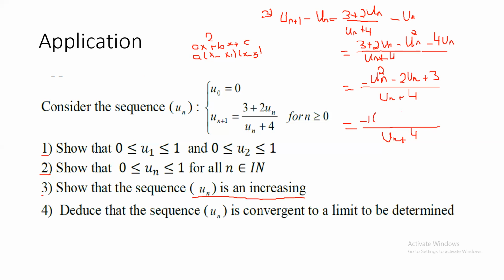What are the roots of this expression? If we solve minus x squared minus 2x plus 3 equal to 0, we get x1 equal 1, x2 equal minus 3.